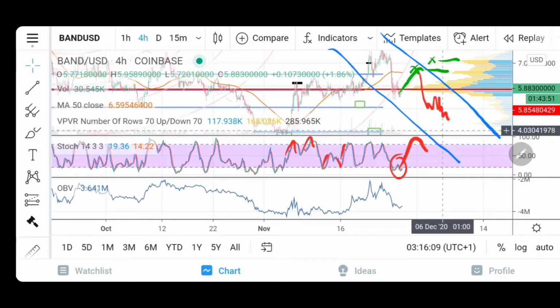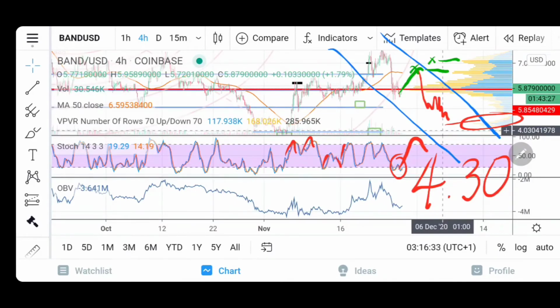And what is your bottom target? Well, look at this node right here, peaking out at a price of what, $4.25, $4.30. It's very possible that we can hit that price if BTC continues to push down towards 14,000 or 13 or 12. I don't know, but I'm thinking that BTC is going to have another leg down.